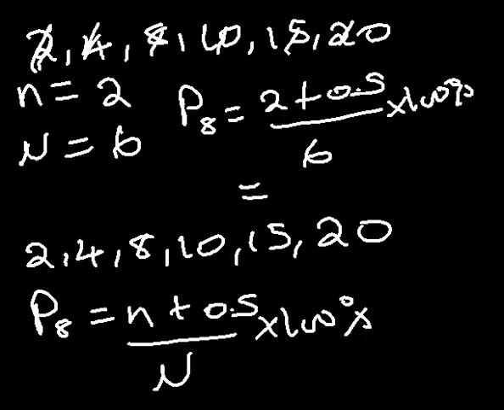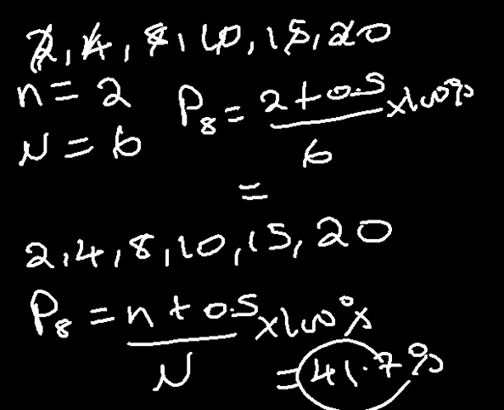So that is 2.5 divided by 6, and that times 100%. That will give us 41.7 percentile, which can be given as 41%. So take note of that.